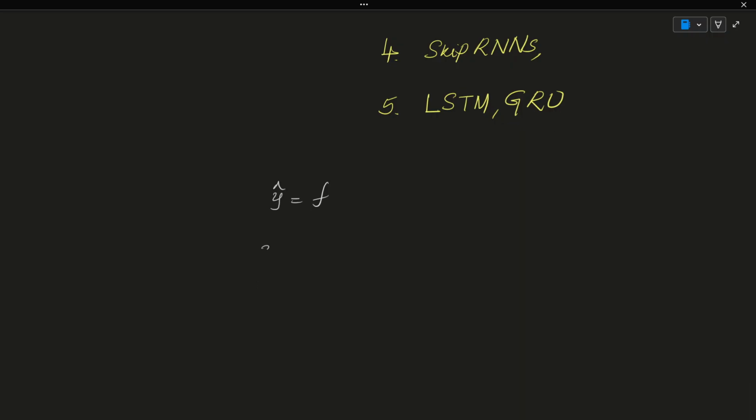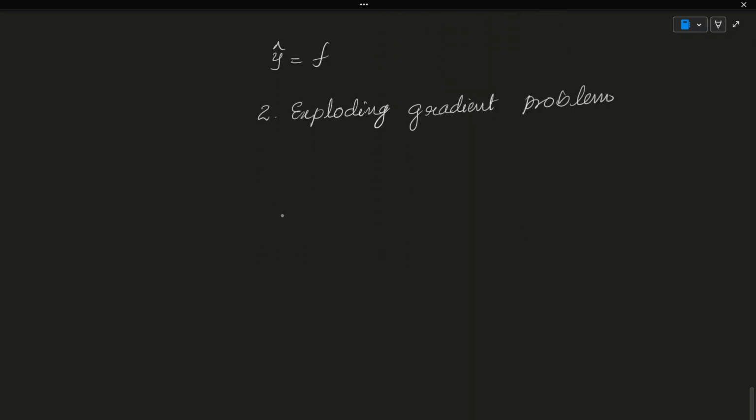The second case is known as the exploding gradient problem. That is the reverse of it. Your prediction will depend mostly on the long back inputs rather than on the present outputs.